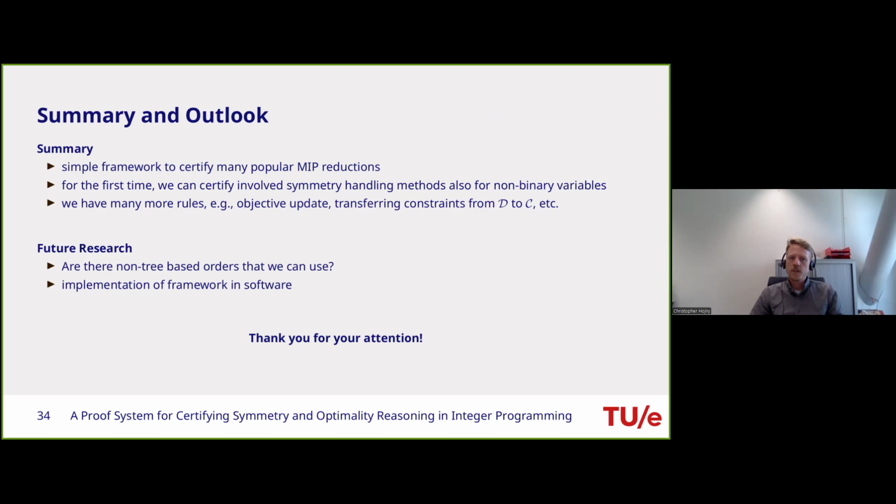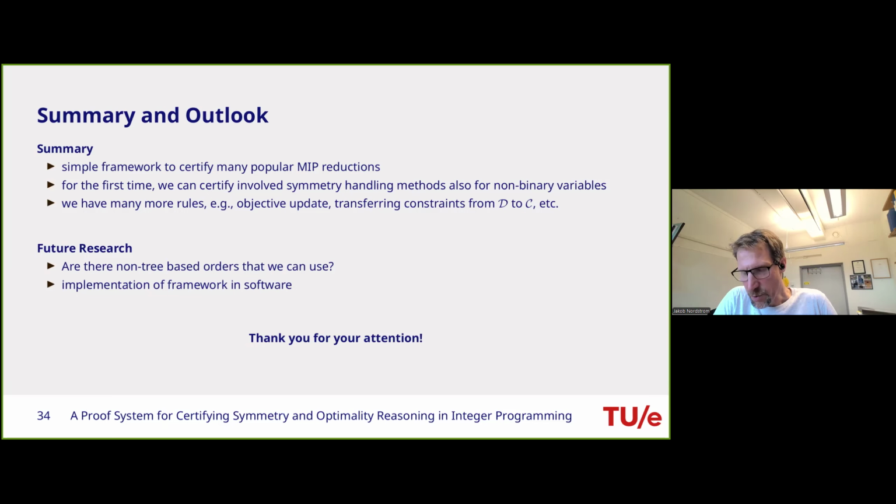But one observed that many of these techniques can be relatively bad, because if I make a branching decision, let's say on the last variable, then this has no implications on my lexicographic order. For this reason, one has changed to a more dynamic framework, and in particular reductions that are derivable from these dynamically created orders that I sketched before. But in principle, the framework is also capable of dealing with static orders.